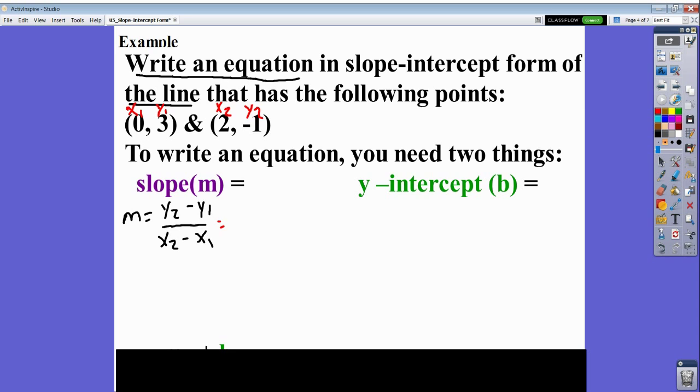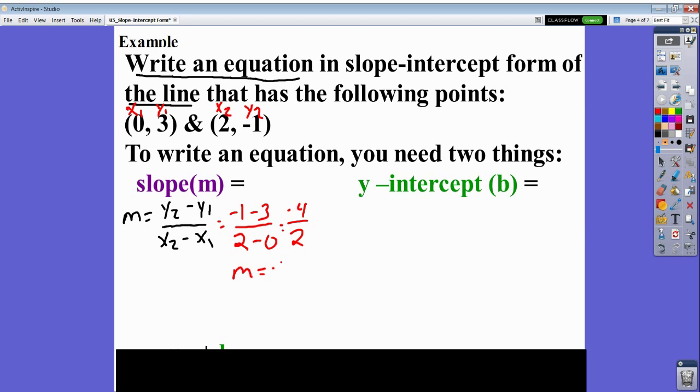I'm going to plug in the values. y2 is -1 minus y1, which is 3, all divided by x2, which is 2, minus x1, which is 0. So -1 minus 3 is -4, and 2 minus 0 is 2. -4 divided by 2 is -2.